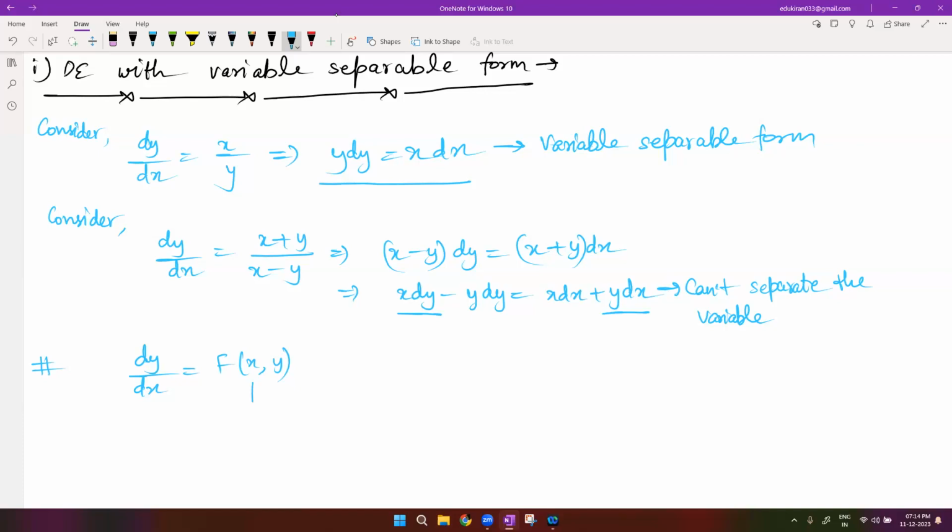But this function has a very unique quality, that this function can be separated out. You can take two functions from this, that is, you can combine the function of x and you can also combine the function of y, and they are separable from each other, right?